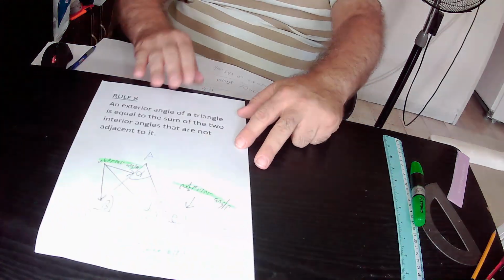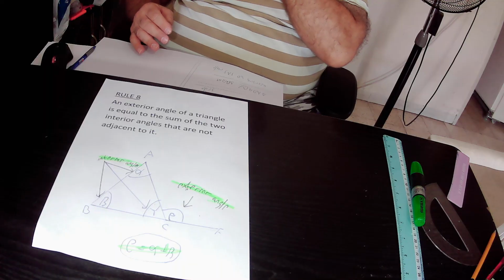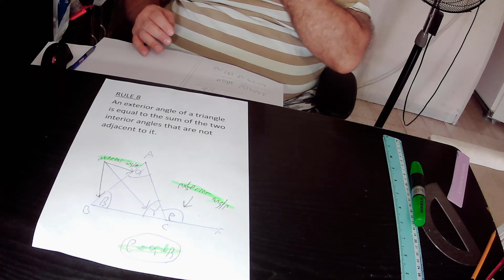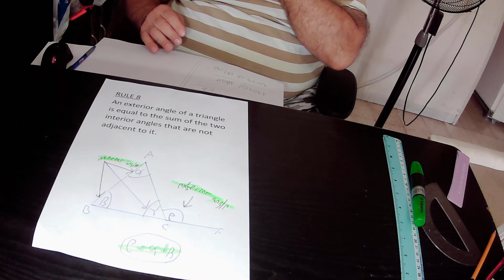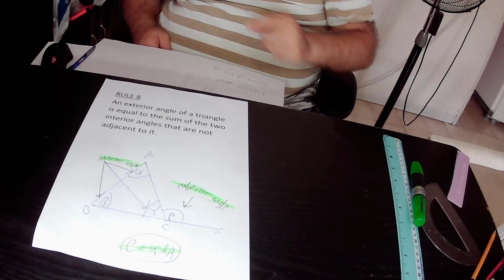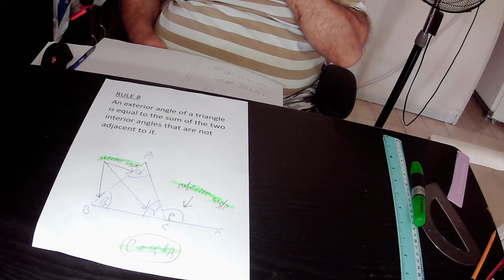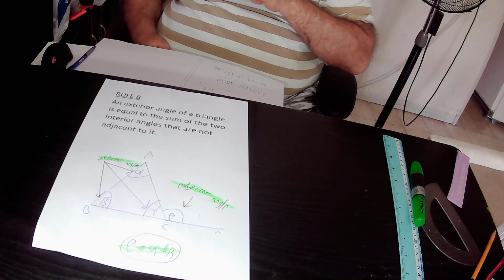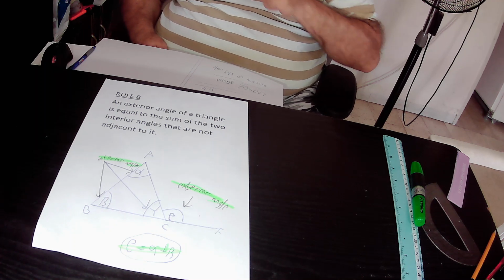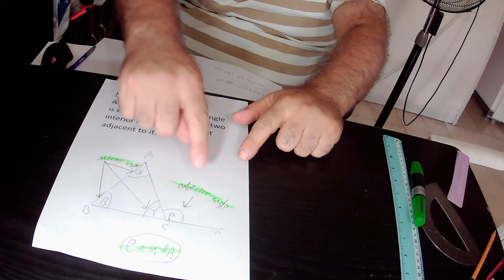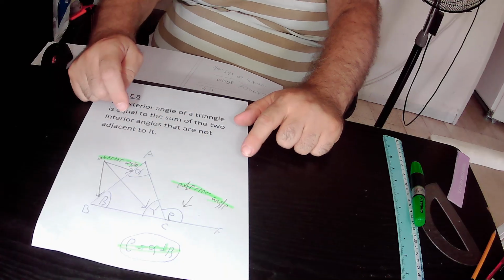According to rule 8, an exterior angle of a triangle is equal to the sum of the two interior angles that are not adjacent to it. Repeat again, an exterior angle of a triangle is equal to the sum of the two interior angles that are not adjacent to it. In the drawing, we have triangle ABC that could be any triangle.